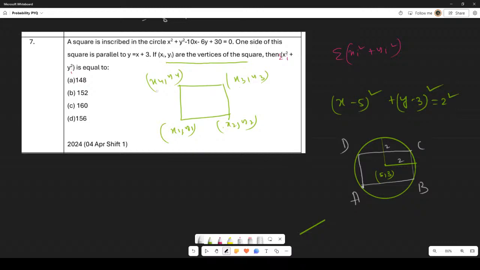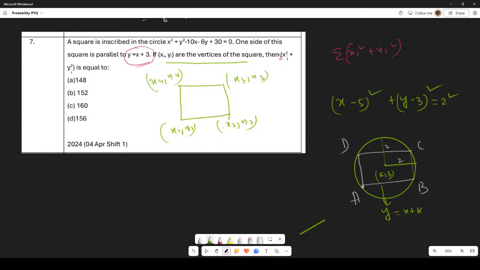One side is parallel to y equal to x plus 3. So why do we need this? Why do we need y equal to x plus 3? It's given that one side of the square is parallel. You have to use this as a condition. So what we will do here, this line, suppose I am taking y equal to x plus k.